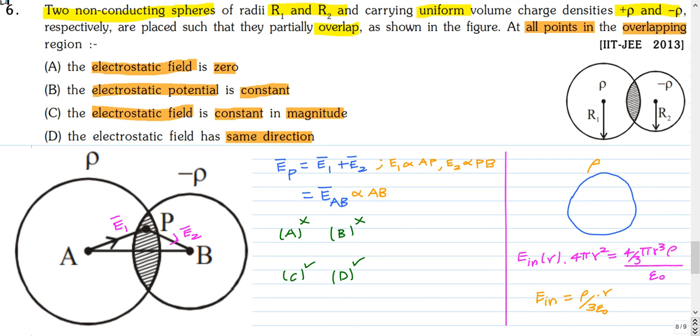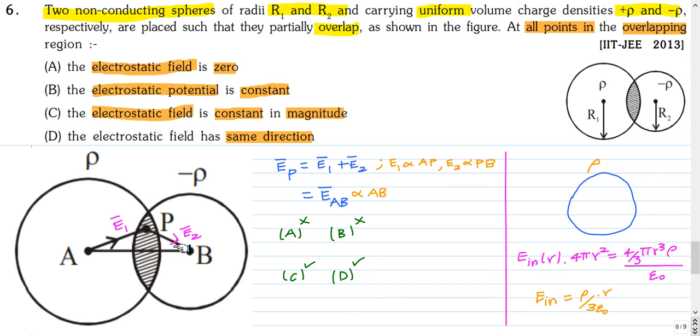Now we have to find the electric field at this point P, which is inside the sphere of charge density plus rho and also minus rho. The electric field at point P is due to plus rho and minus rho. Let's call them E1 and E2, and each is proportional to r from this relation.